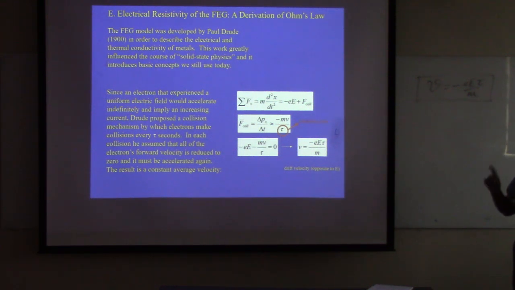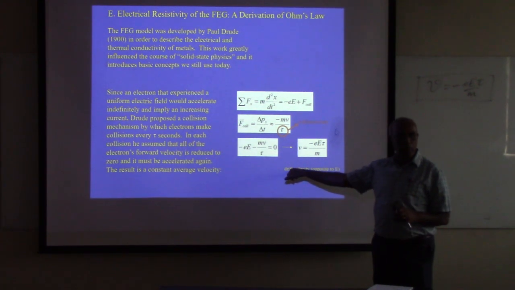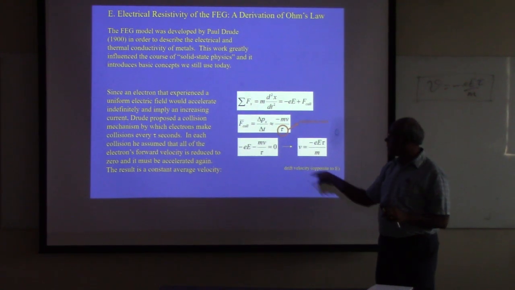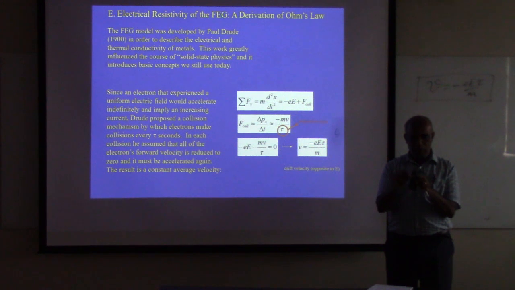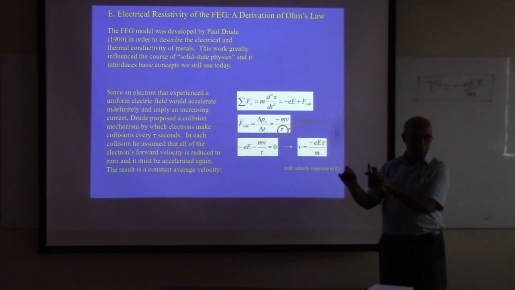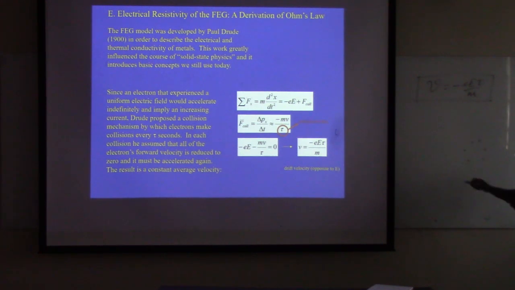Later you are going to see two different velocities: the drift velocity, which is due to the electric field, and another velocity, charge motion due to something called diffusion. If you have a larger charge distribution and a smaller charge distribution, charges will always move from higher concentration to lower concentration.